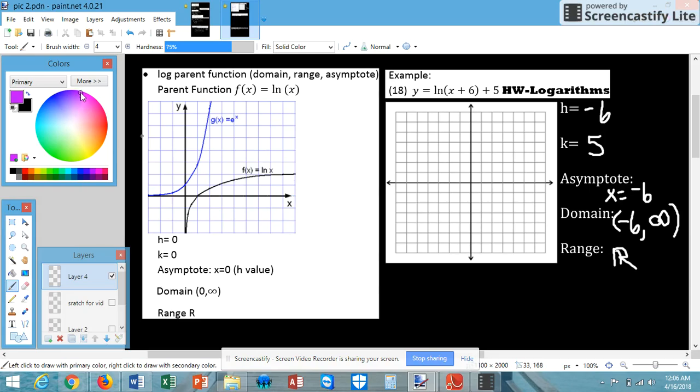So let's go ahead and first graph the asymptote. So we're going to write that out right here. Here's our asymptote line, and then we could just draw our graph from there. And that's it.